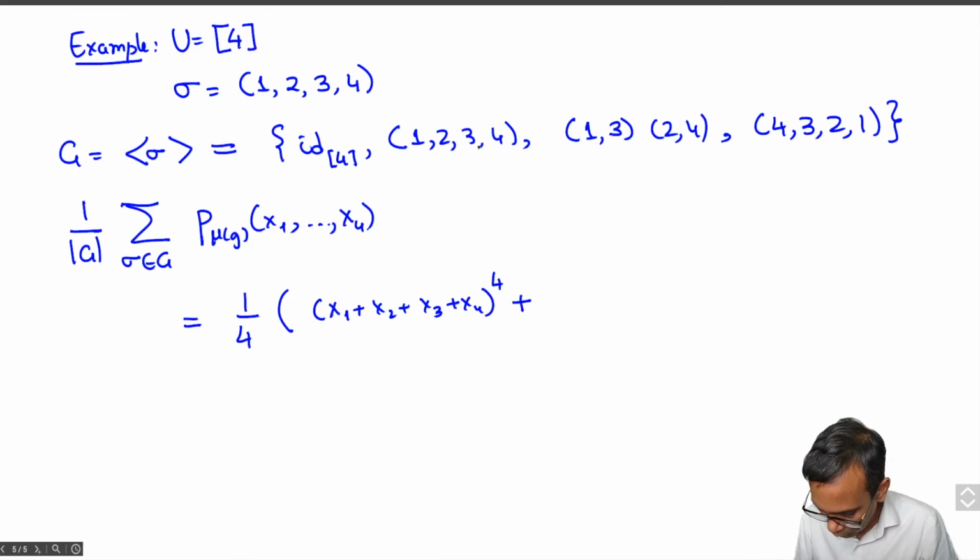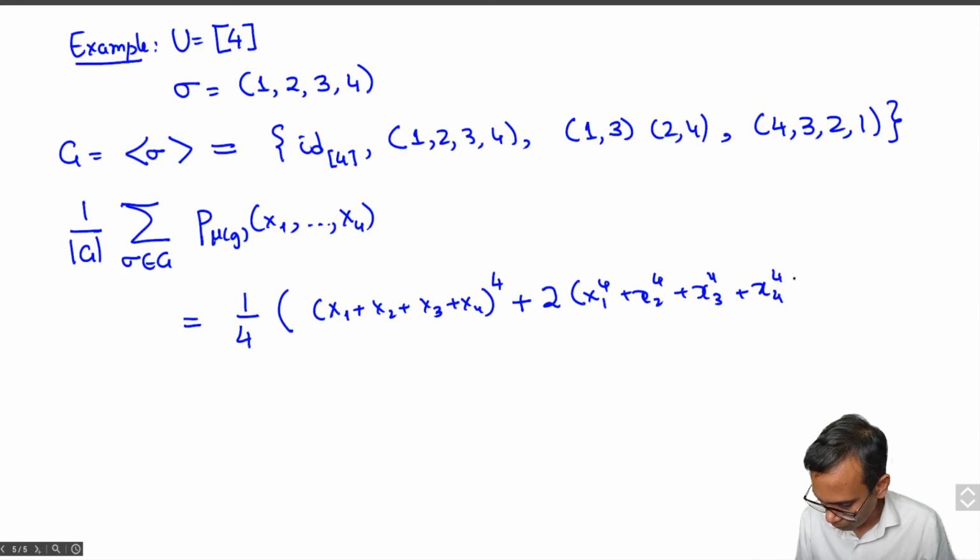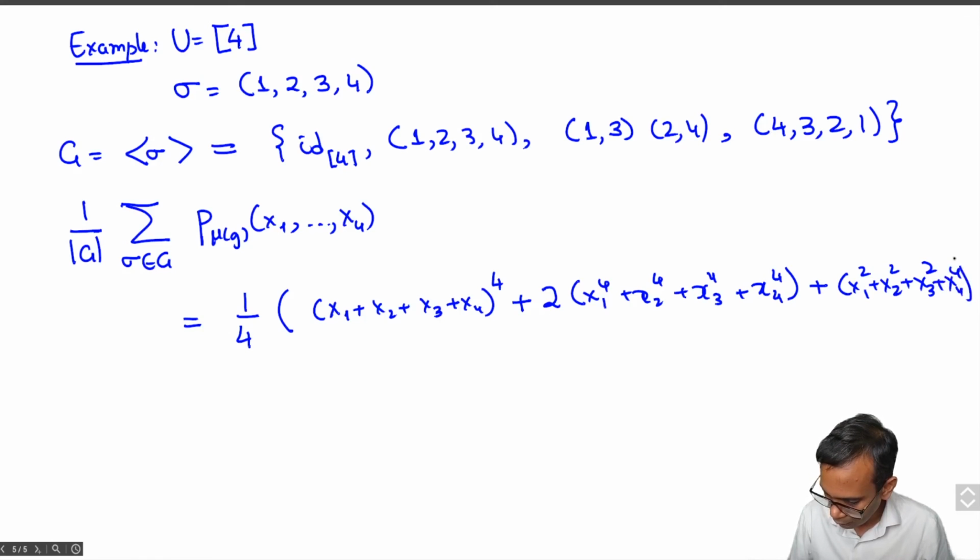So we have 2 times x1 to the power 4 plus x2 to the power 4 plus x3 to the power 4 plus x4 to the power 4. And then we have 1 term of the form x1 squared plus x2 squared plus x3 squared plus x4 squared whole squared.